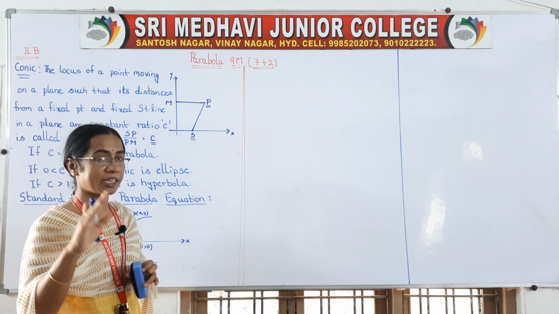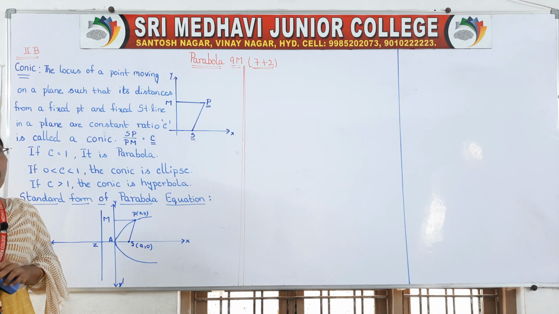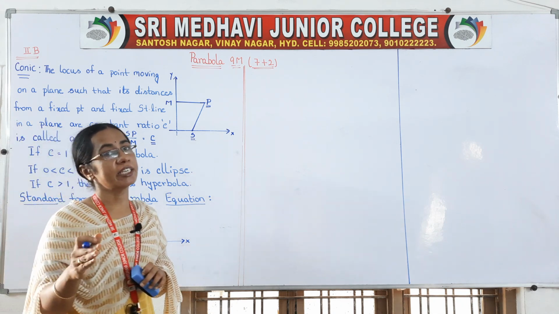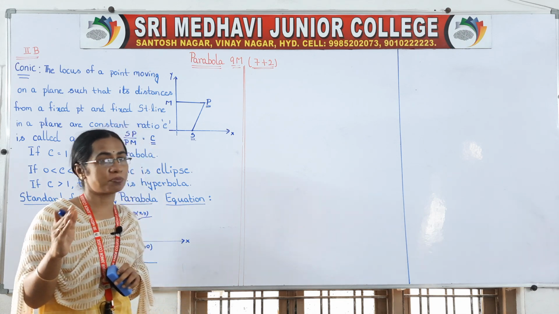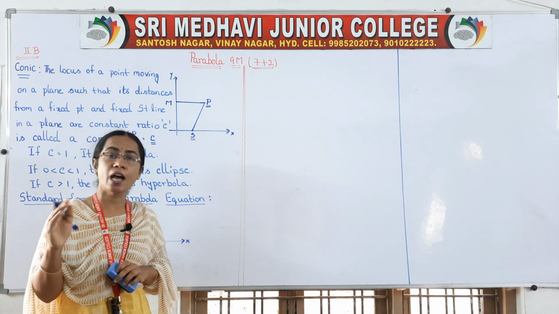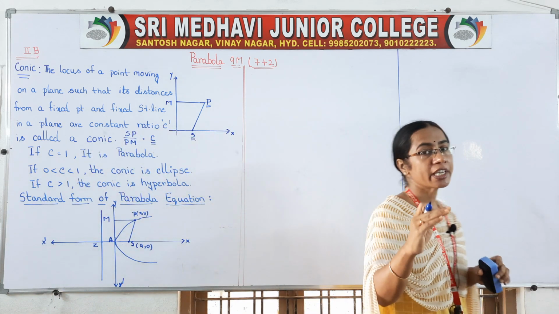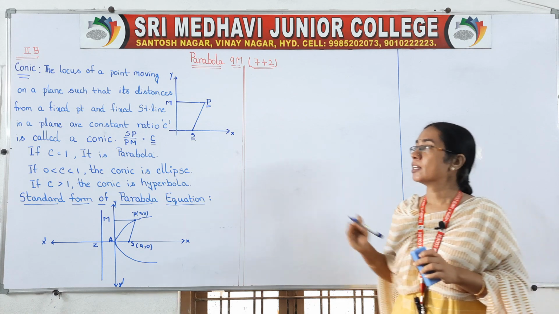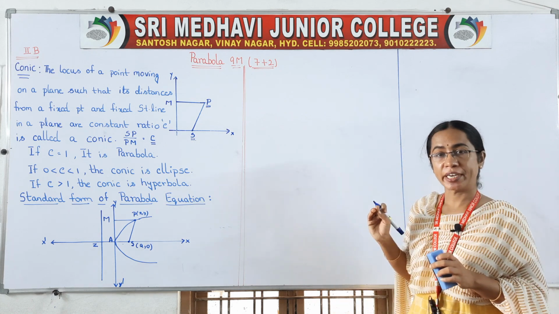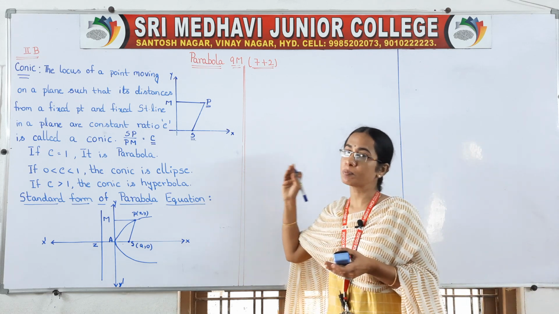Conic is nothing but cutting of a cone with different angles. So how can we define those curves? After cutting, we get three curves: parabola, ellipse, and hyperbola. How can we define this conic section? It is a curve made by a point. And what is the condition satisfied by this point?